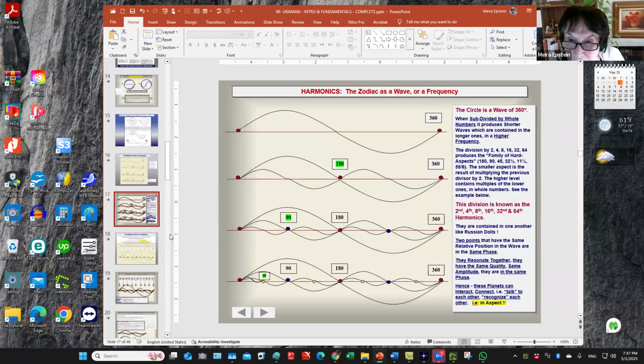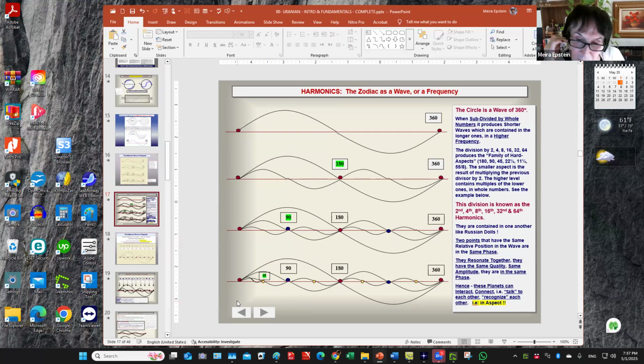What do I have here? Same thing. The text is the same explanation, also discussing what harmonics is. So we're going to leave this alone, but this is the same idea. The wave is divided, divided, divided. And if I could, I would divide it further, but it would be too small. I can go from the 45 to the semi-octile and on and on. I can go down and down.